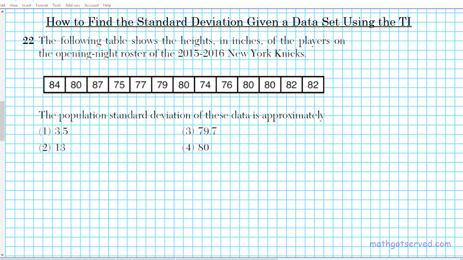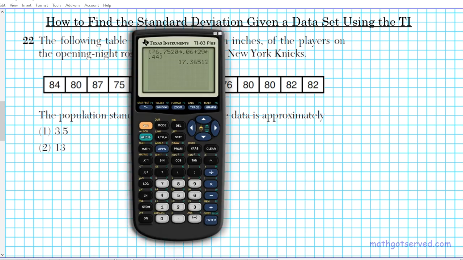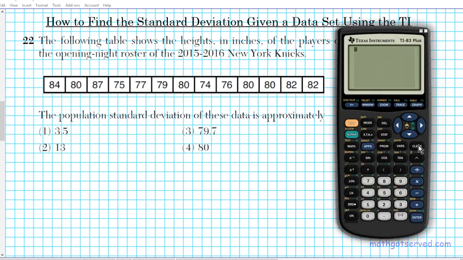Alright, let's go ahead and fire up our calculators. What we're going to do first is enter the data set into our calculators. Press the stat button right here, hit stat, and then edit. The first option, edit, is where we're going to enter the data set into list 1.